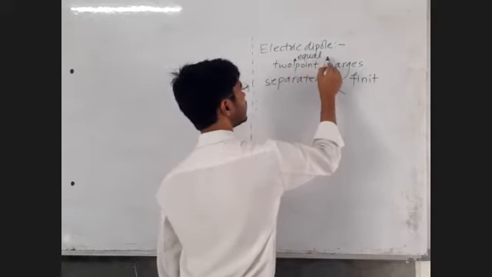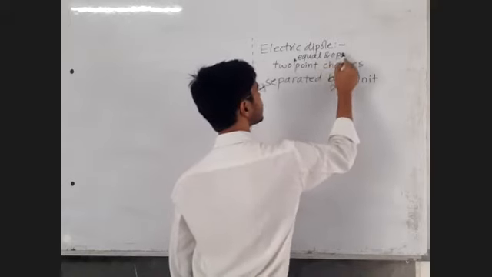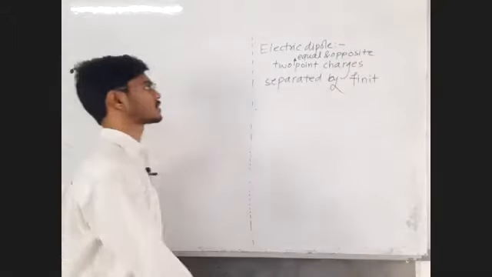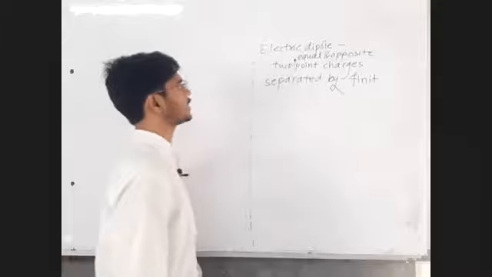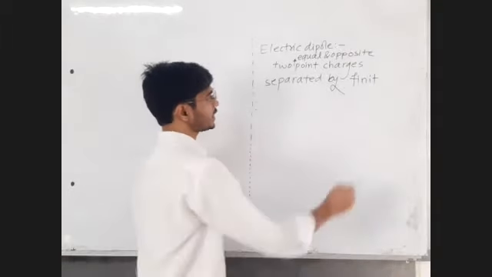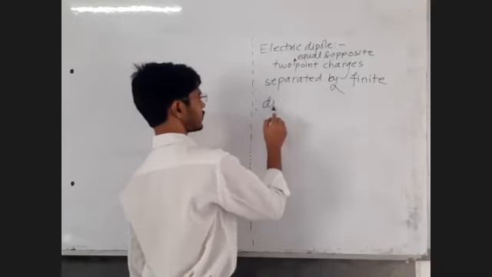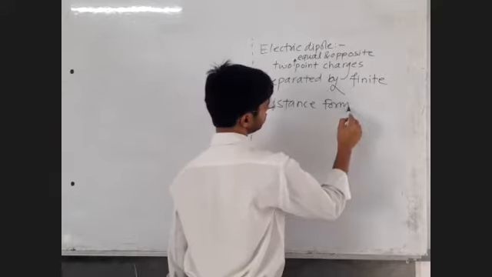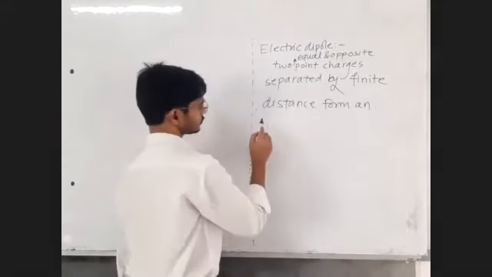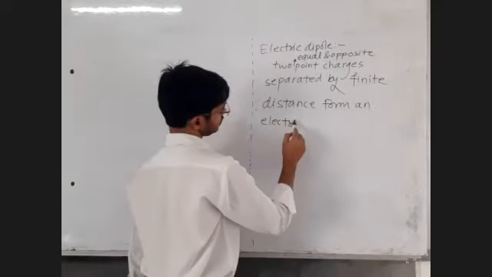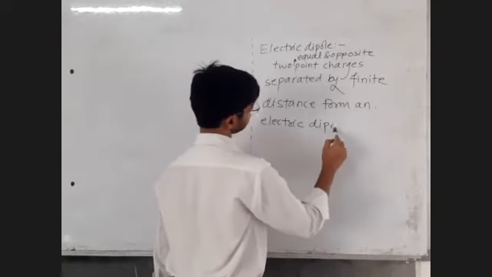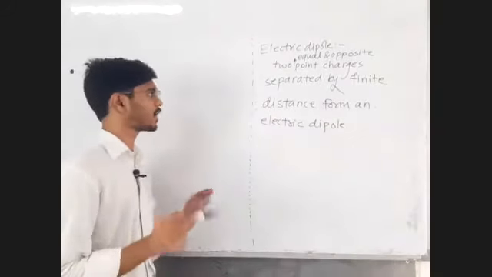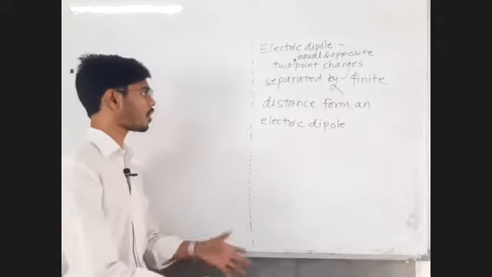Equal in magnitude and opposite means opposite in sign. Two equal and opposite point charges separated by a finite distance form an electric dipole.